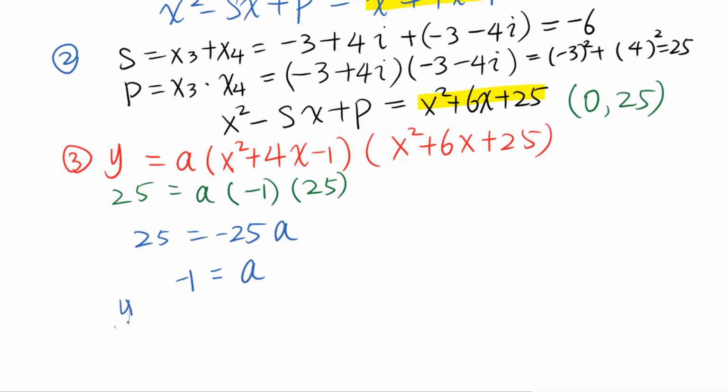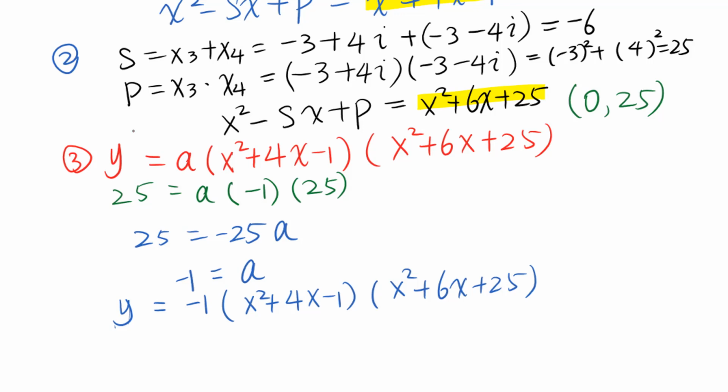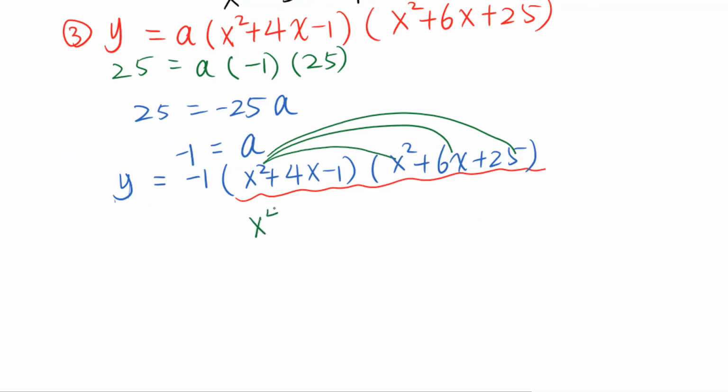Therefore, we can write down y equals negative 1 times x squared plus 4x minus 1 times x squared plus 6x plus 25. Then we will use FOIL to figure out these two. Then multiplied by negative 1 will be the polynomial function we are looking for. X to the fourth power plus 6x third power plus 25x squared.